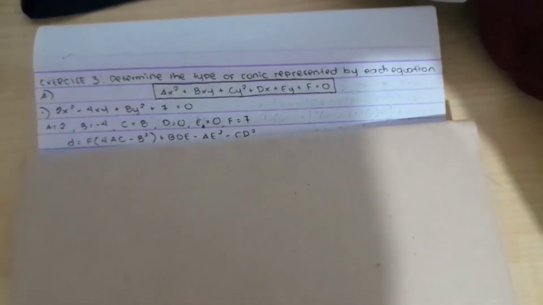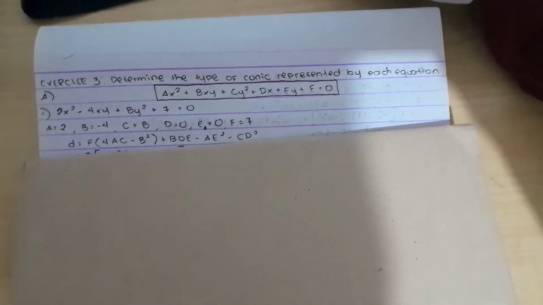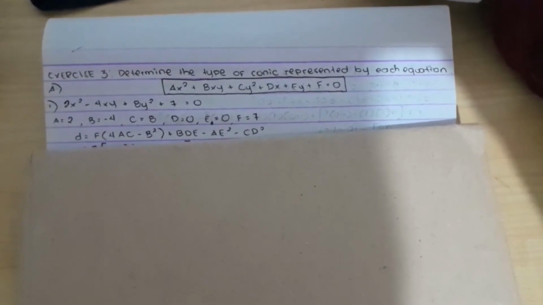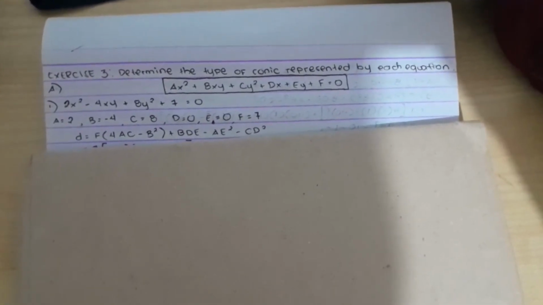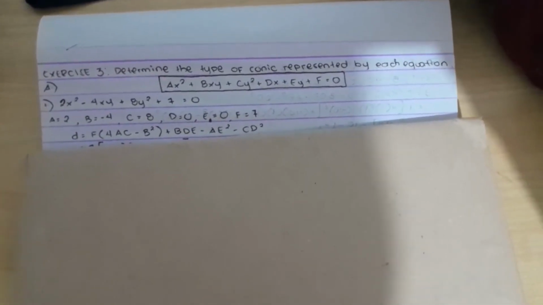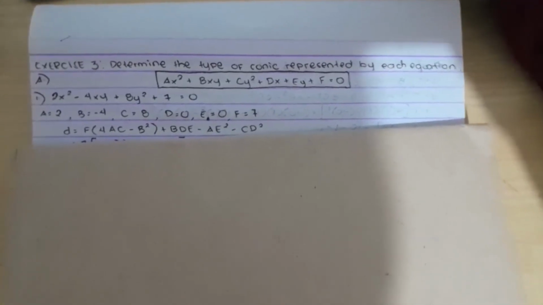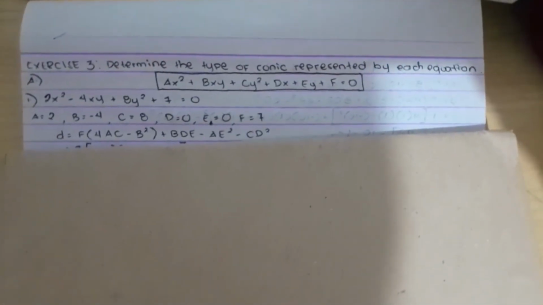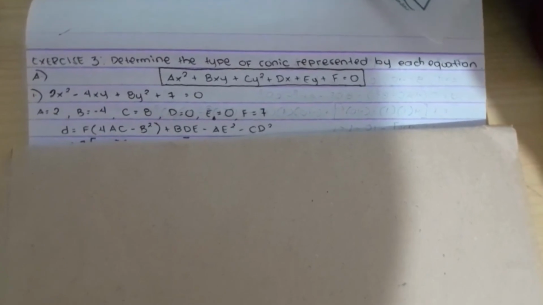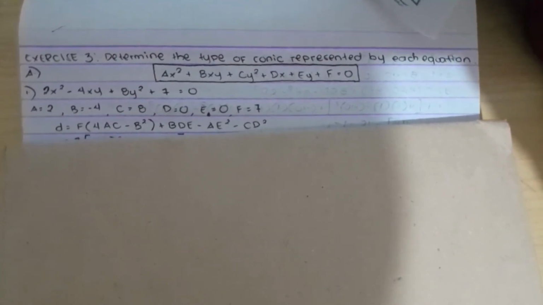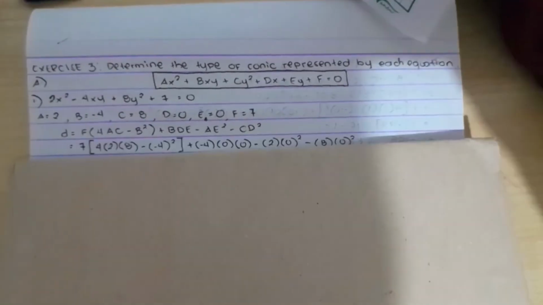Next is, para malaman natin kung yung delta is equal or not equal to zero, kailangan natin gamitin na tong formula na to, which is delta is equal to f times 4ac minus b squared plus bde minus a e squared minus c d squared.